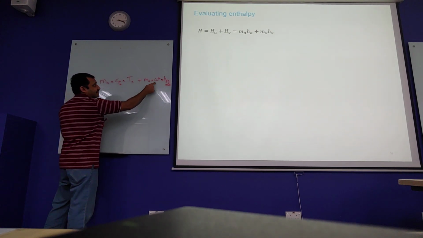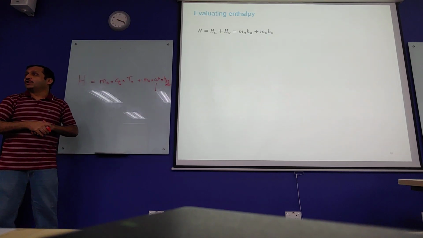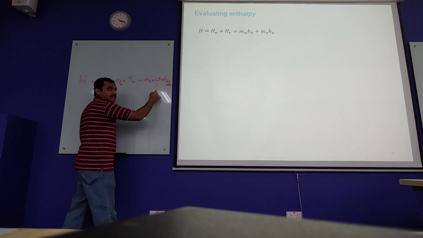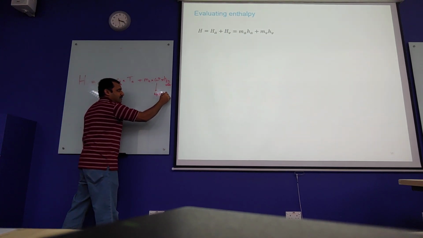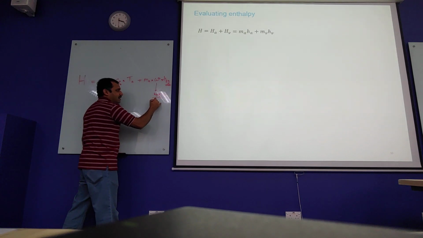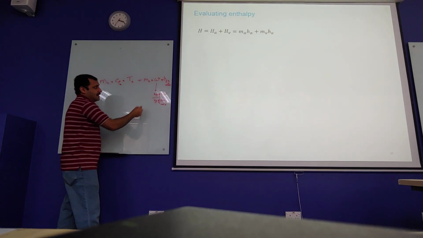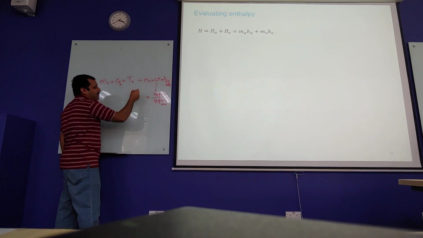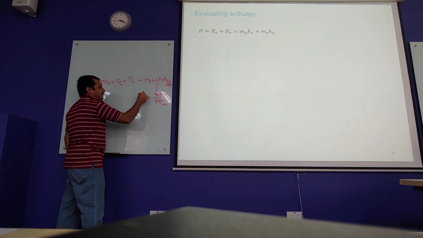Now what happens here? What's the unit of humidity ratio or specific humidity? What's the unit? Kilograms of water divided by kilograms of dry air. That is the unit. These are mass, total mass, so that's kilograms of dry air.